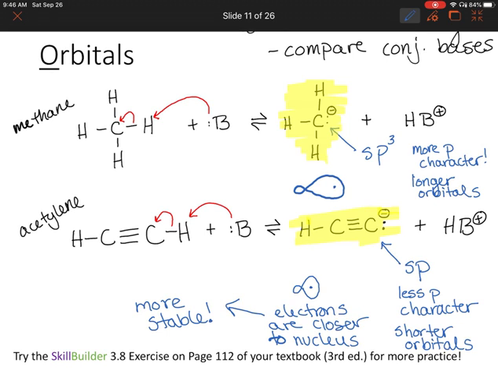Okay, so again, that negative charge on the sp carbon is closer to the nucleus and closer to the protons in the nucleus. So that stabilizes that conjugate base. So acetylene is actually the stronger acid.